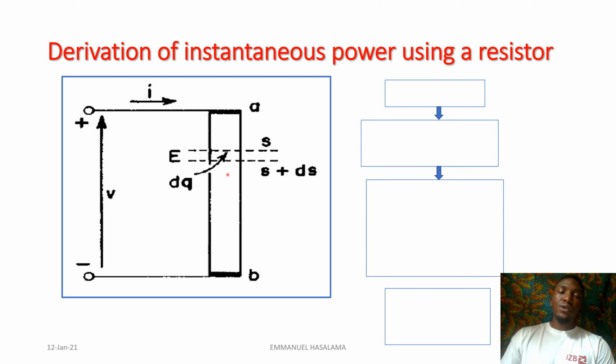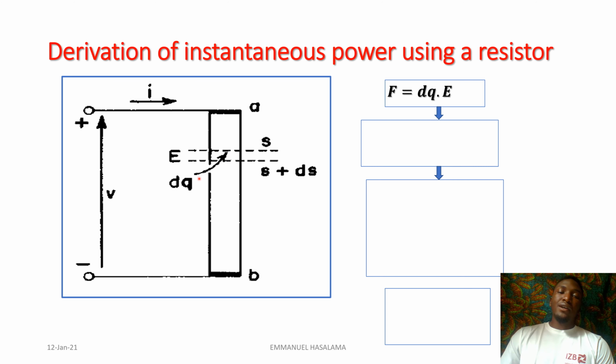And when current is flowing through this segment, there'll be charge flowing through it, because current is just a flow of charge. So when you have charge in an electric field, it's going to experience a force. And this force is simply the charge times the electric field strength.